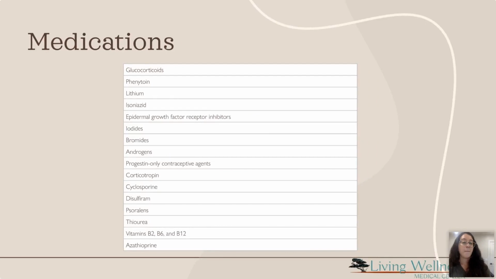Medications, so there's lots of medications to think of. What was very interesting here, and was interesting in the research that I was also doing, was that we have a lot of supplements that could actually promote acne that I was not aware of, such as B12, B6, B2. So those are a lot of things that are in acne specific supplements, but the dose matters.